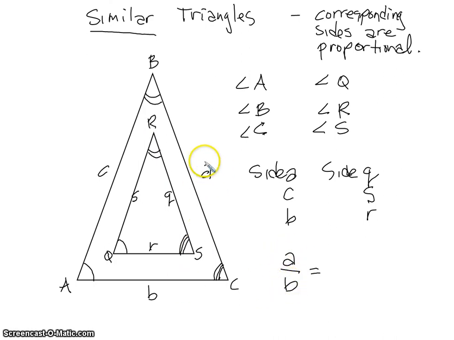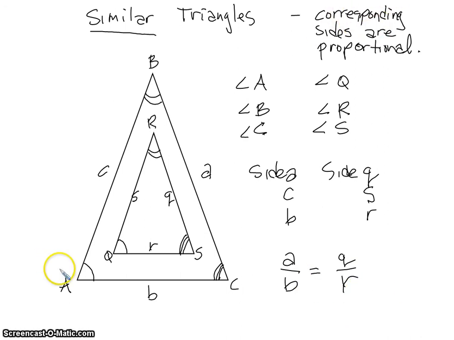If I'm talking about side A and side B on the big triangle, then on the little triangle, hopefully you're thinking Q and R. So there's a side correspondence proportionality. A is to B as Q is to R. Now that's certainly not the only one we could write. Not only is this a proportion we can write, but you can do this however you want as long as the sides correspond.